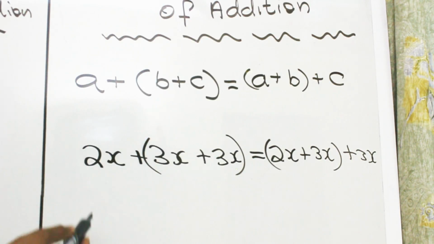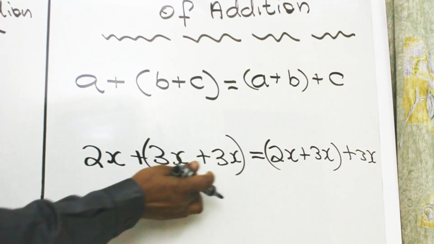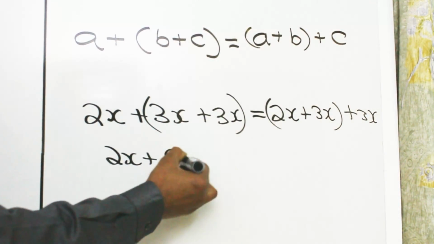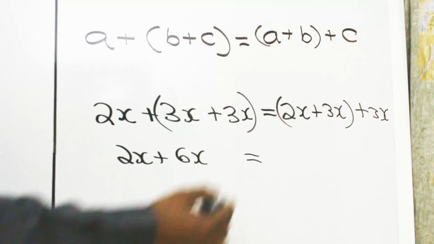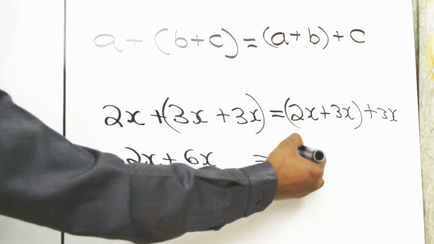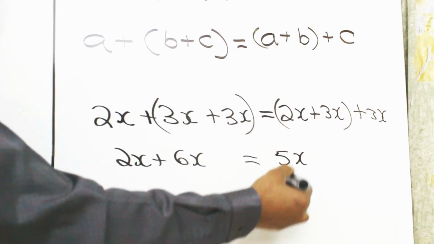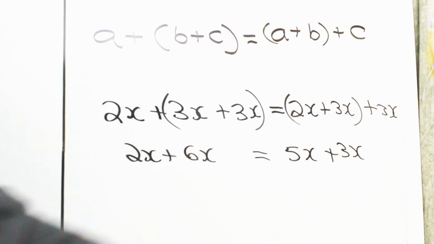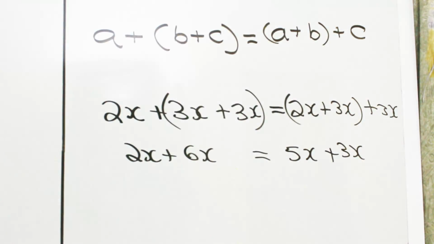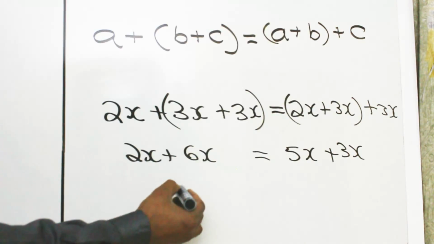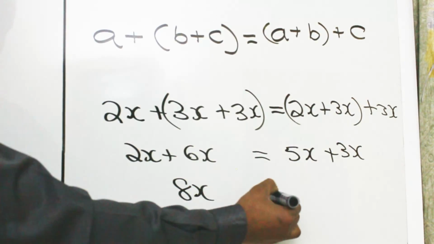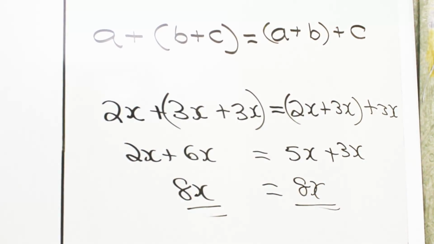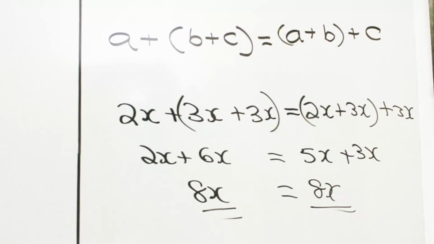The answer should be the same. On the left, first I add in the bracket: 3x plus 3x is 6x, so 2x plus 6x is 8x. On the right, 2x plus 3x is 5x, added first in the bracket, and then plus the 3x outside the bracket, so 5x plus 3x is 8x. Both answers are the same, so this property is right.